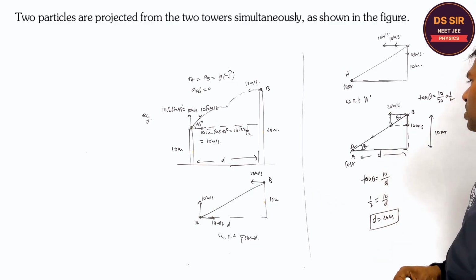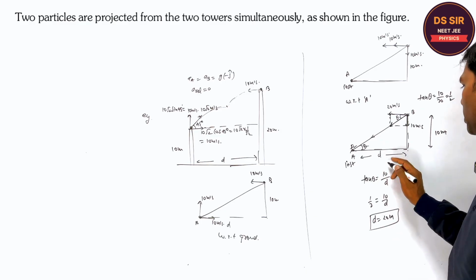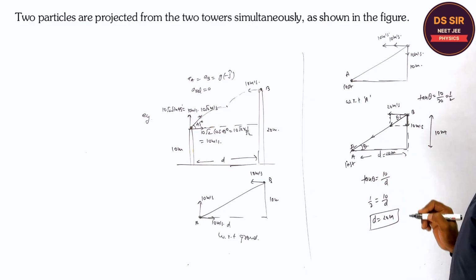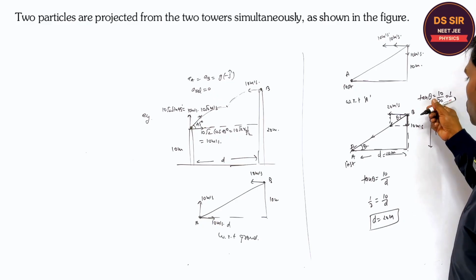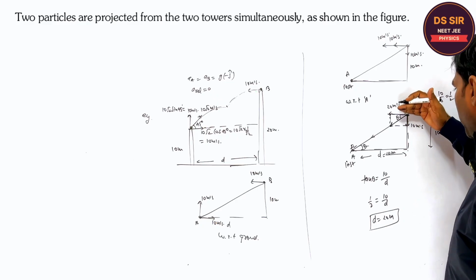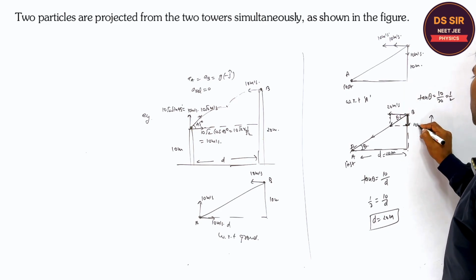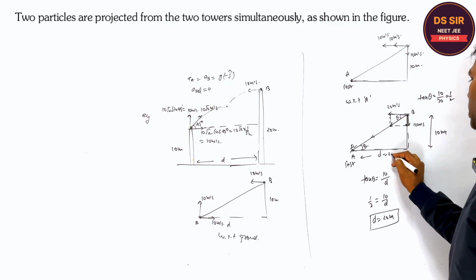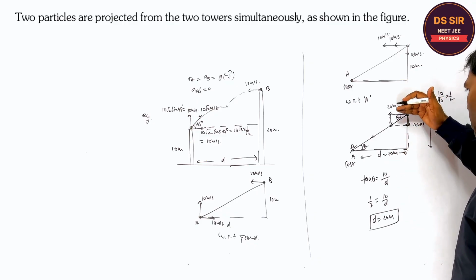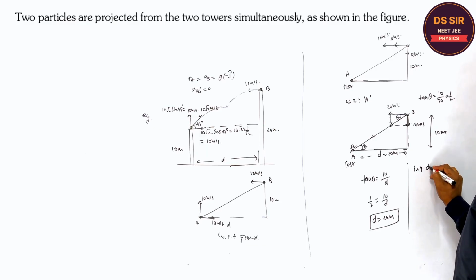Also, if they ask what is the time they will collide, if this is 20 meter and this is 10 meter, either you may write the vertical velocity. The vertical component of the velocity is 10 meter per second in y direction.